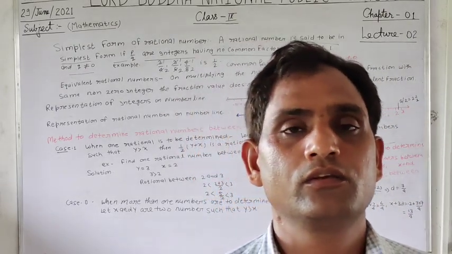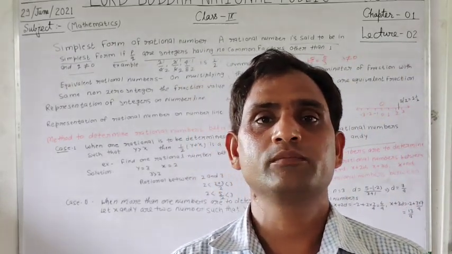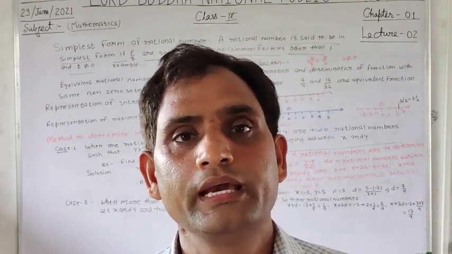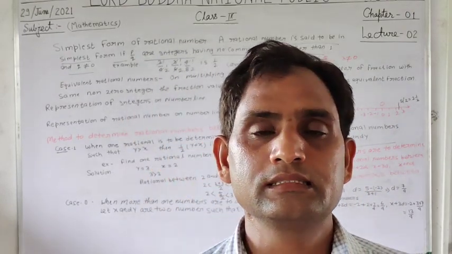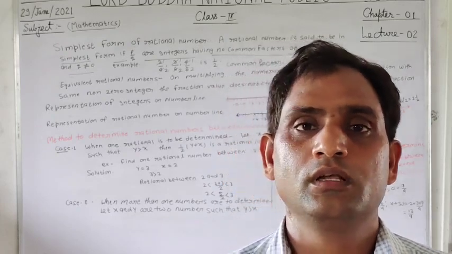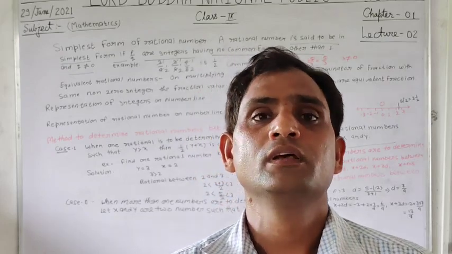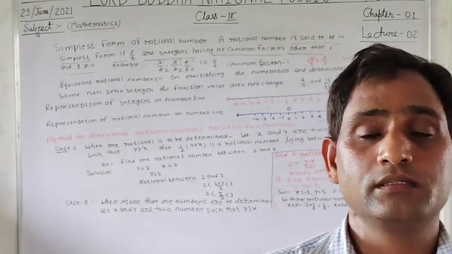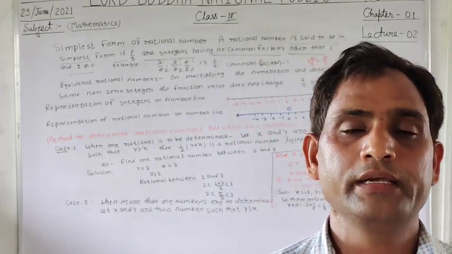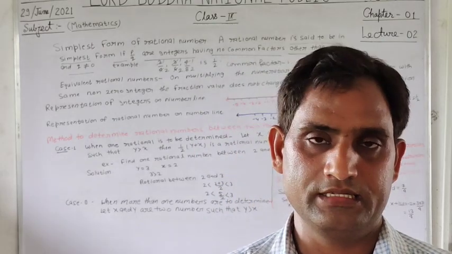After that, we learned rational numbers. The numbers which can be written in the form of P upon Q, where P and Q both are integers and Q not equal to 0, are known as rational numbers. The word rational comes from ratio and it is denoted by Q which comes from quotient.